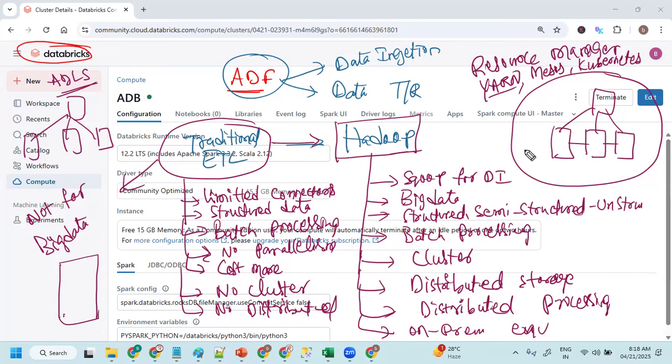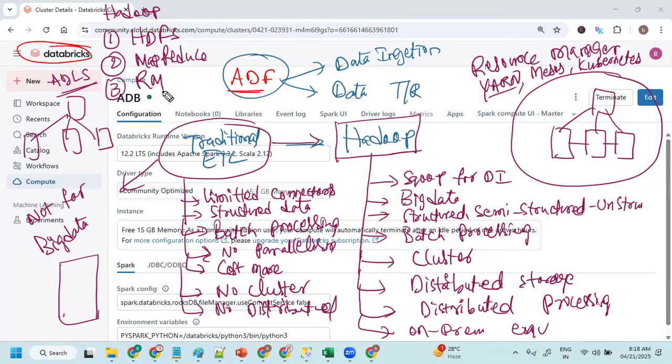How this process is going to happen in the cluster is basically, Hadoop is going to have three components. One is HDFS, and second is MapReduce, and third is resource manager.